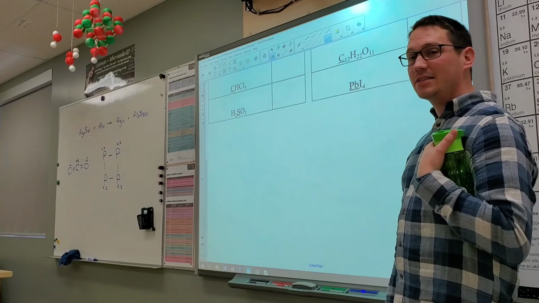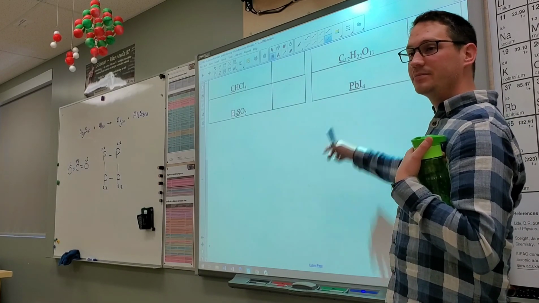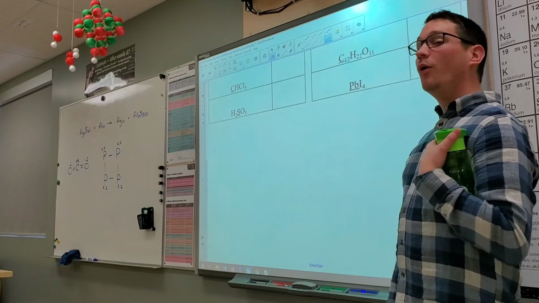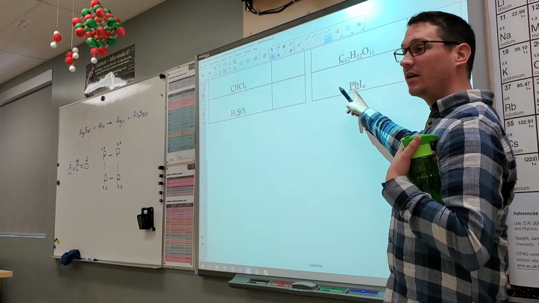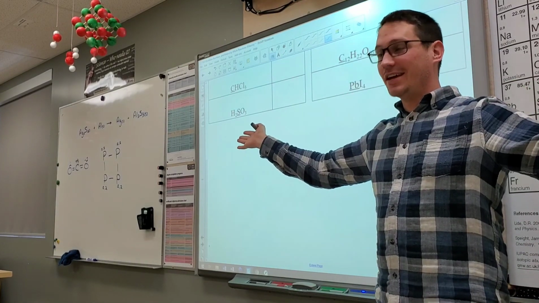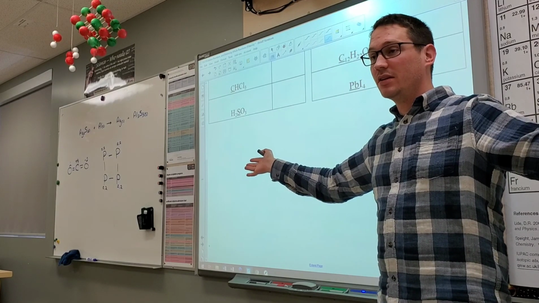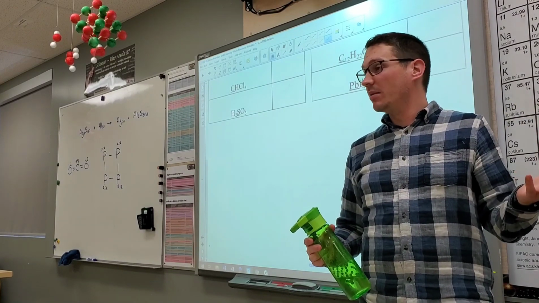Did anybody get that the lead is +4 and the iodide is -1? Yep. Okay, there's a super easy way of dealing with this. What kind of compound is this? Ionic. It's an ionic compound. So look at the ion charges. Do you know lead? Lead is multivalent, right? Do you remember that?